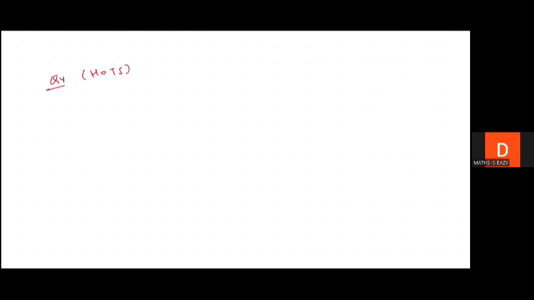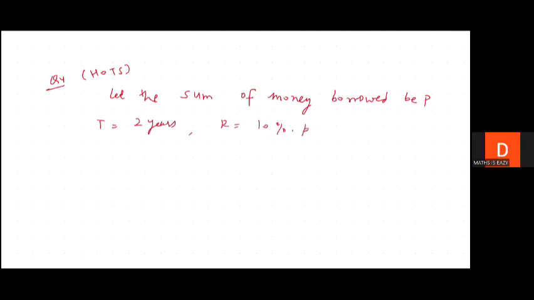First we will assume the sum of money borrowed to be P. Time is given as 2 years. Rate of interest is 10% per annum. And amount, what will we assume?